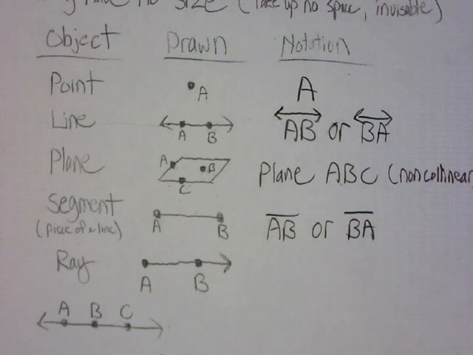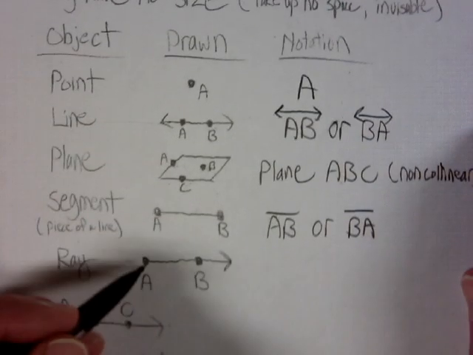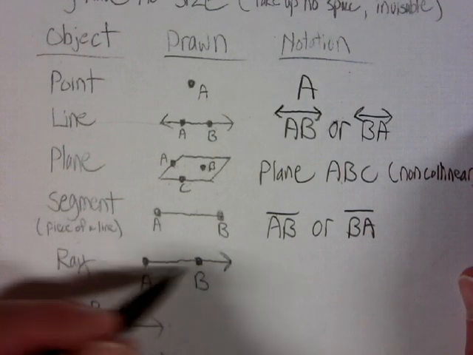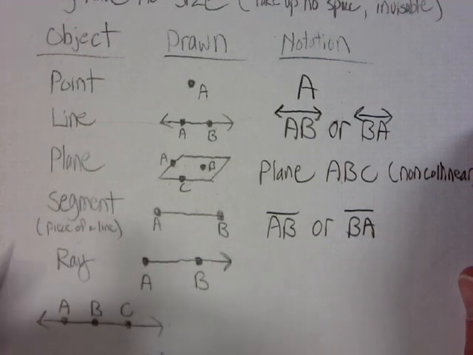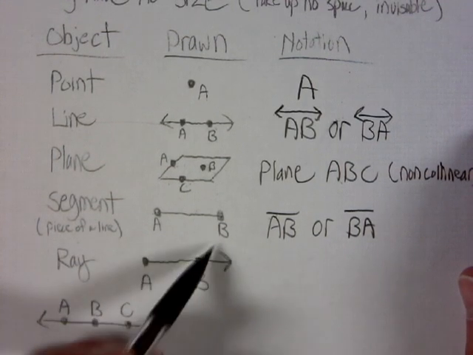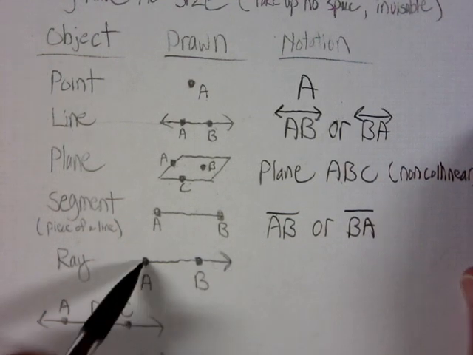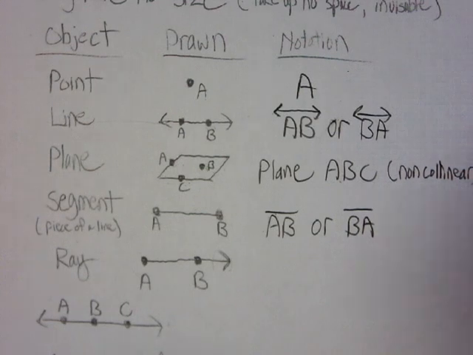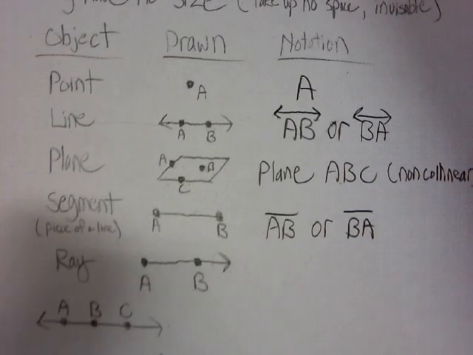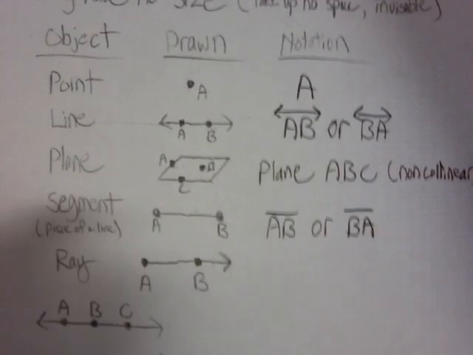All right? Now let's talk about a ray. A ray has a starting point, and then it extends forever in just one direction. So a ray kind of behaves like a line on one end, and it behaves like a segment on the other end. So to name a ray, you must start with the starting point of the ray. All right?